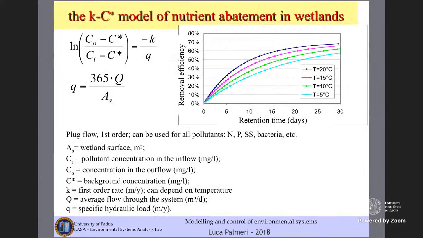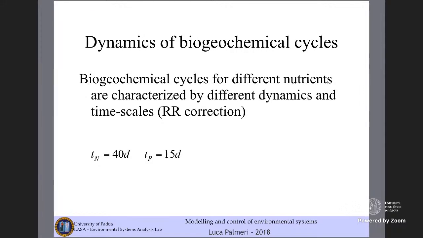The only thing I would like to stress before finishing is that the cycles of phosphorus and nitrogen have completely different timing. In particular, the cycle of phosphorus is much quicker than the cycle of nitrogen. As you see from these figures, the cycle of phosphorus takes 15 days. This means that on the surface of the Earth, the cycle between the four spheres, hydrosphere, lithosphere, atmosphere, and biosphere, takes 15 days for phosphorus and 40 days for nitrogen.